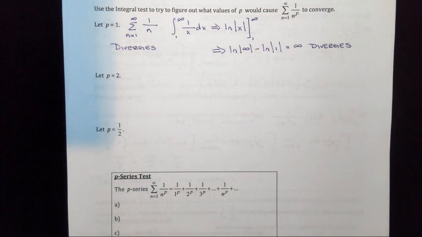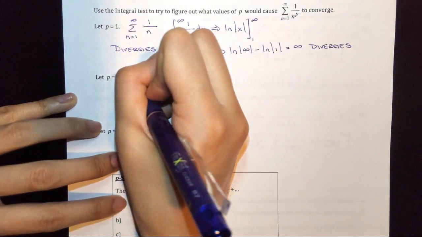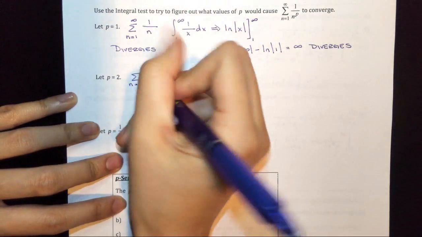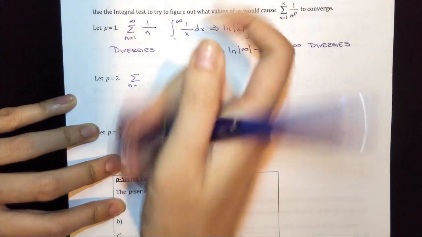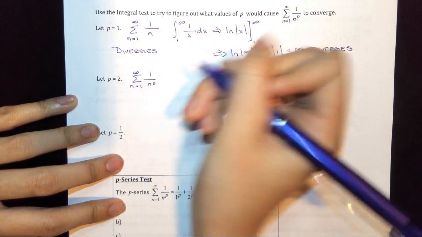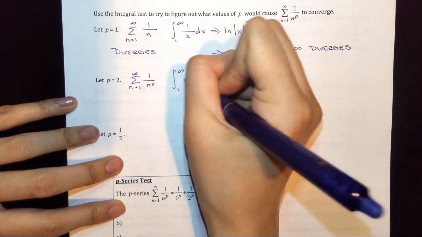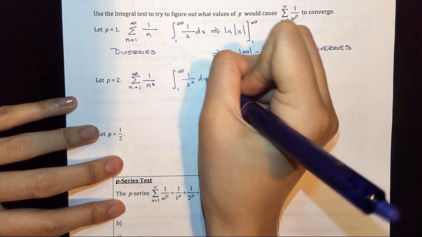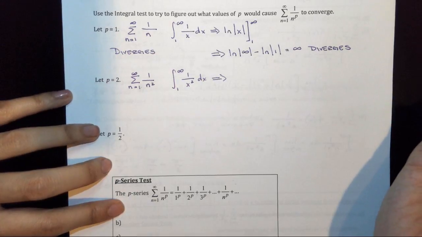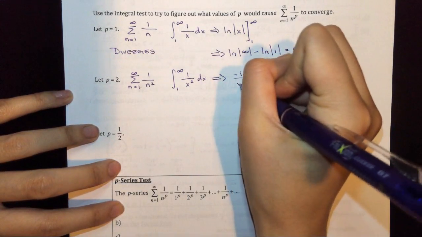Okay, let's check out what happens when p equals 2. So we're figuring out whether the series of 1 over n squared converges or diverges. Let's go 1 to infinity, 1 over x squared dx. That antiderivative would be negative 1 over x.